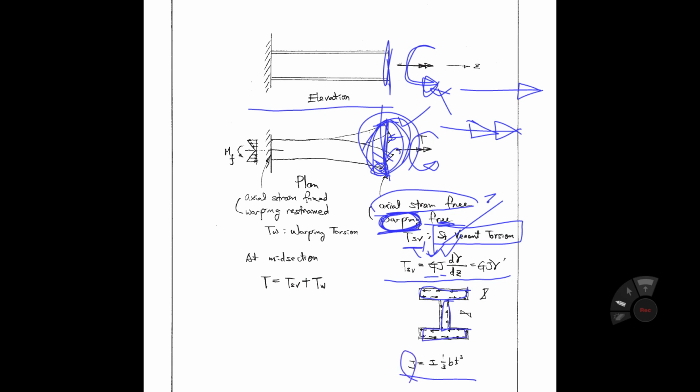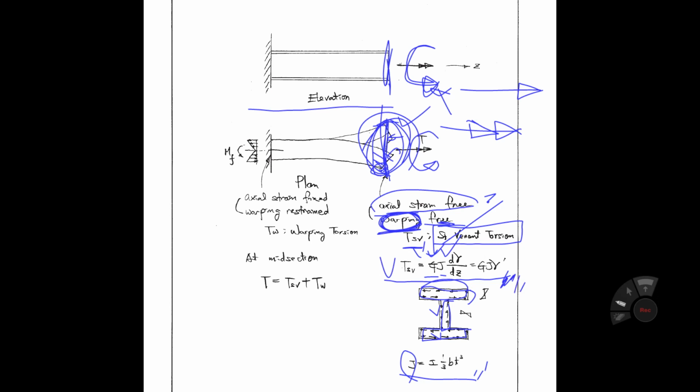J can be calculated as this b times t cubed, and this one also is calculated, this one also. Add them together. That is the torsional inertia. And then this one is d gamma dz. It is gamma prime. I think you already learned this Saint Venant torsion in your undergraduate course. So GJ gamma prime, like that.